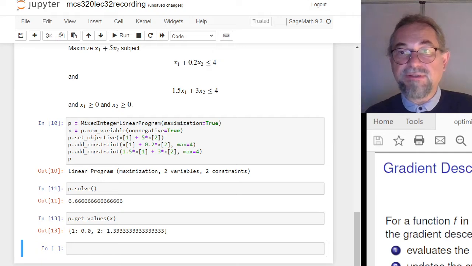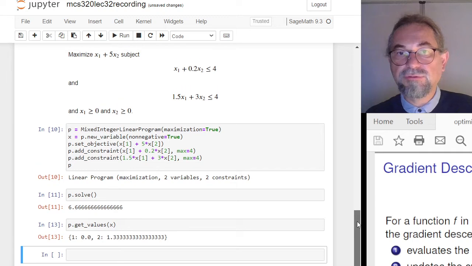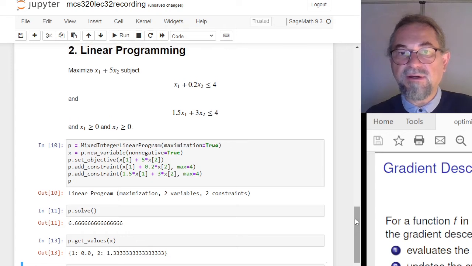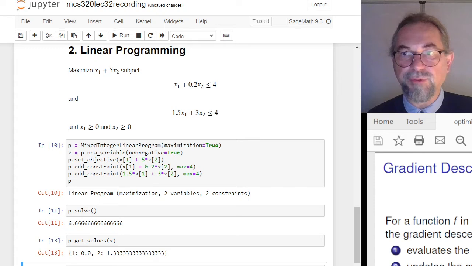Okay, so this is a very quick introduction to linear programming as it is wrapped in the SageMath computer algebra system. So if you have to solve a linear programming problem, then this might be the way to do this.